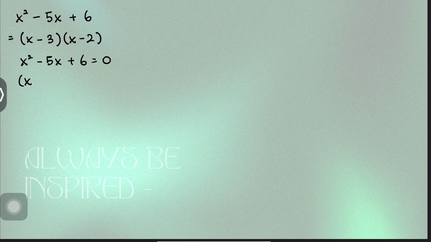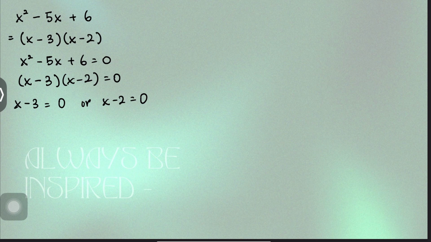From my previous part, I know that this is x minus 3 and x minus 2, and that's also equal to 0. Then I can technically separate the two brackets: x minus 3 equals 0, or x minus 2 equals 0. Solving it algebraically means x is equal to 3 or x is equal to 2. So this is part 1.